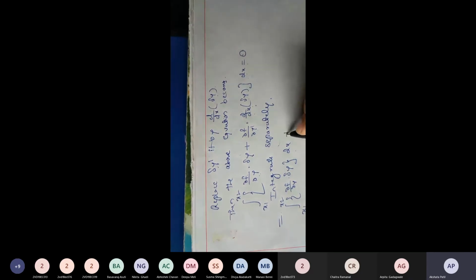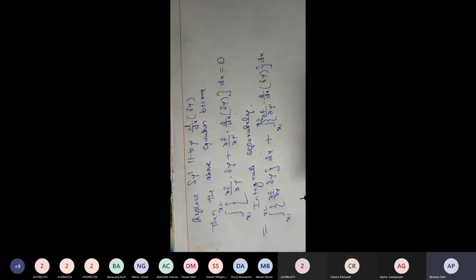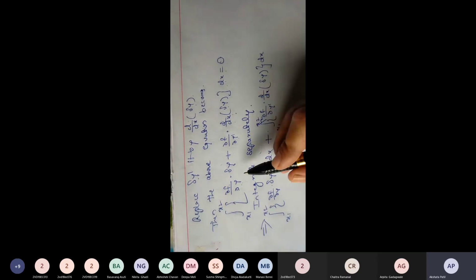Now we can write one more integration here, plus sign, again integration over x1 to x2. Now the second term: dou f divided by dou y dash into d by dx of delta y, put into the bracket, into dx.